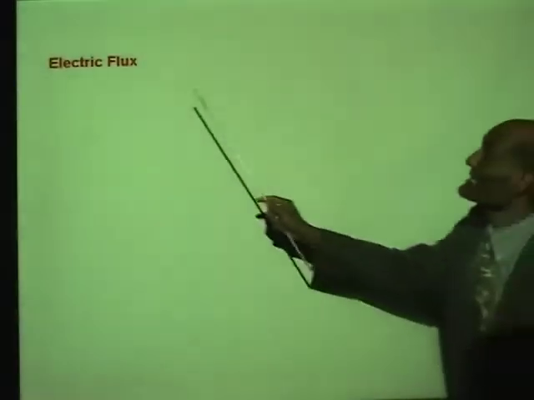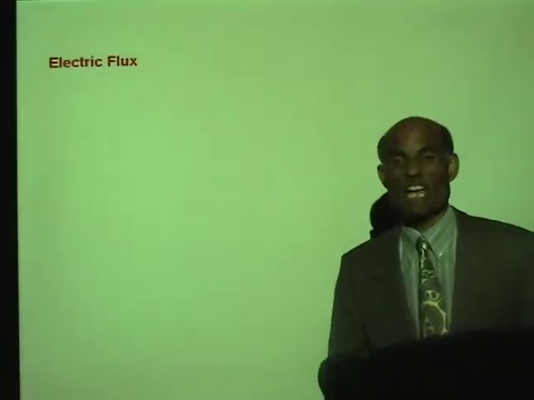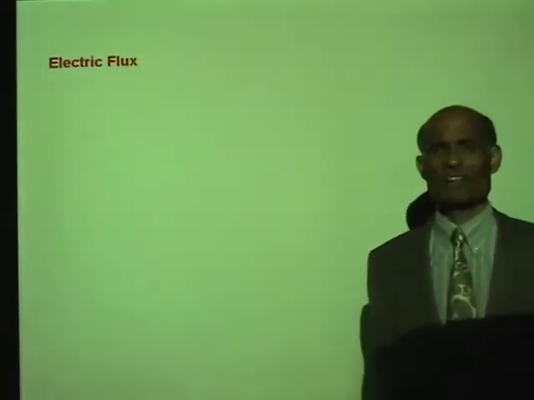Okay, let's now talk about another concept, electric flux. Now, what is the meaning of flux? Can you imagine I'm standing in a room where I have a wall on the right and a wall on the left. Suppose there is an electric field crossing this room, lines of force. Suppose you have a uniform electric field, what does that mean? All lines of force are parallel.